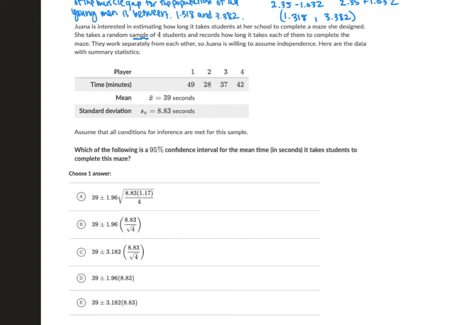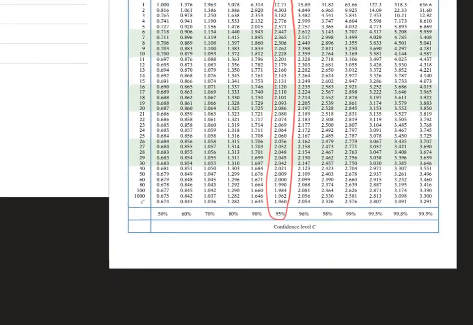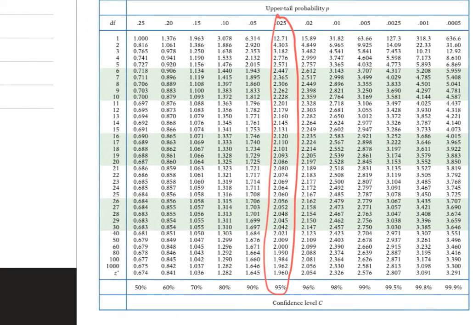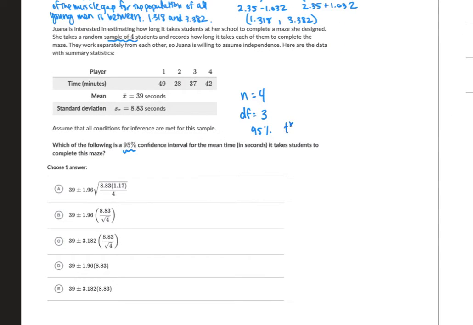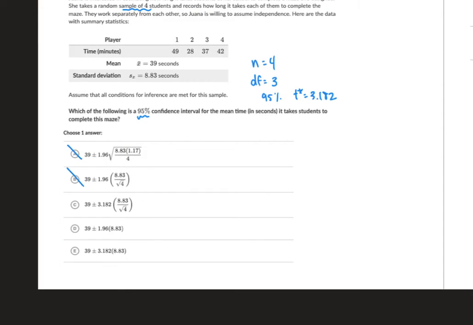So in this problem, we have a random sample of 4 students, so n equals 4, and we're calculating a 95% confidence interval. So for degrees of freedom, we're using 3, and we're going to look at a 95% confidence level. So if we go to our table, 95% confident, and a degree of freedom of 3, it should be 3.182. So t star should be 3.182. Well, that means I can eliminate A, B, and D because those all use 1.96, which is the z star value, which we use for proportion.